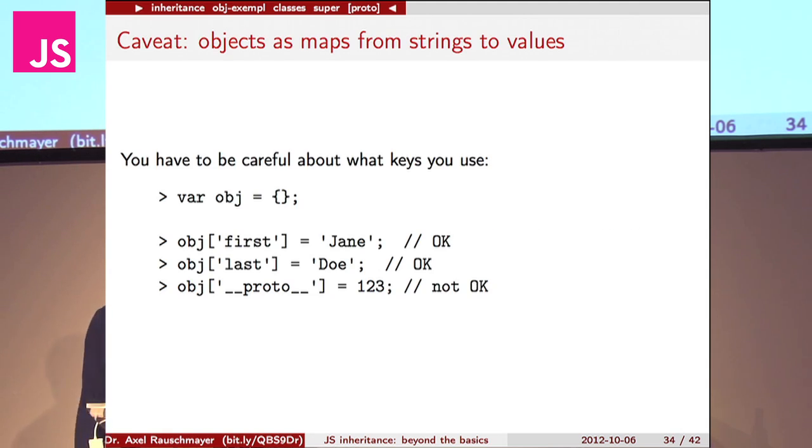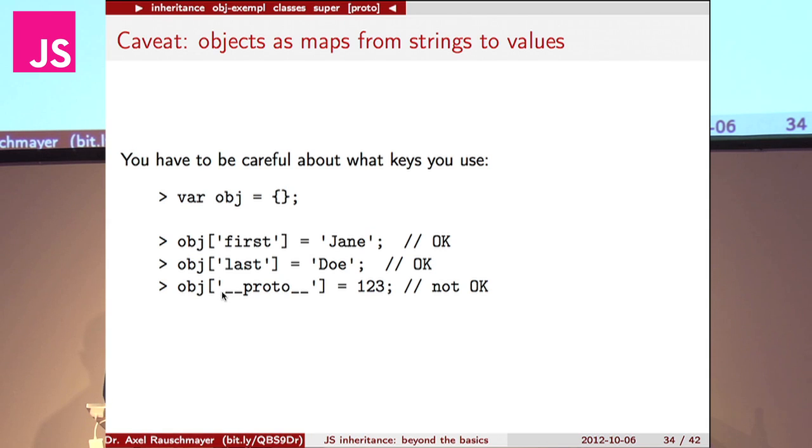There's one caveat with Dunder Proto. You have to be even more careful when it comes to what keys you allow. If you allow arbitrary keys, you can really wreak havoc.